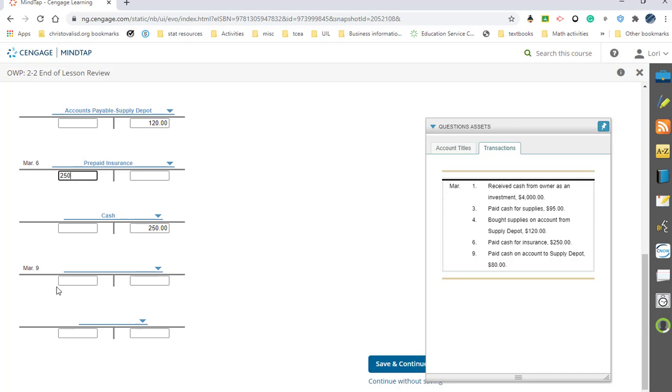Our cash is going to decrease because we paid cash, so it's a credit. That also gives me a clue for the other account, accounts payable. If cash was decreasing on a credit, then when we decrease accounts payable, it's going to be a debit because we're paying it off or taking down our tab.